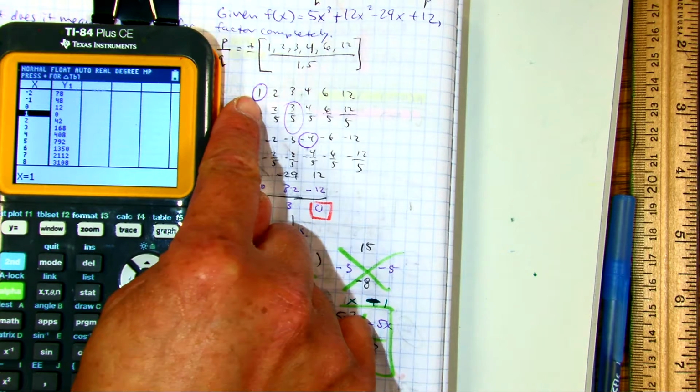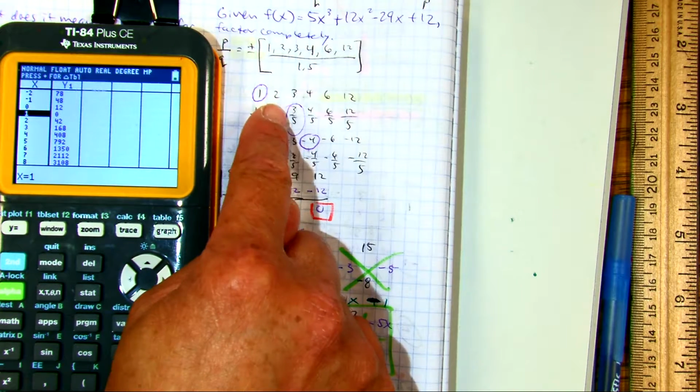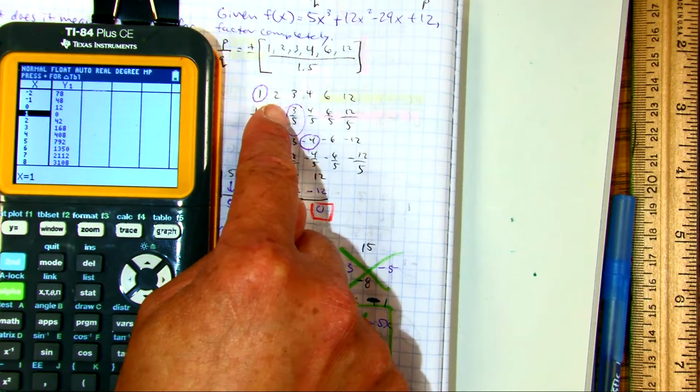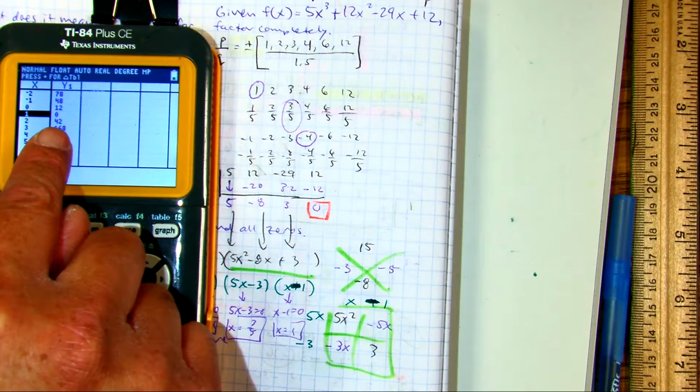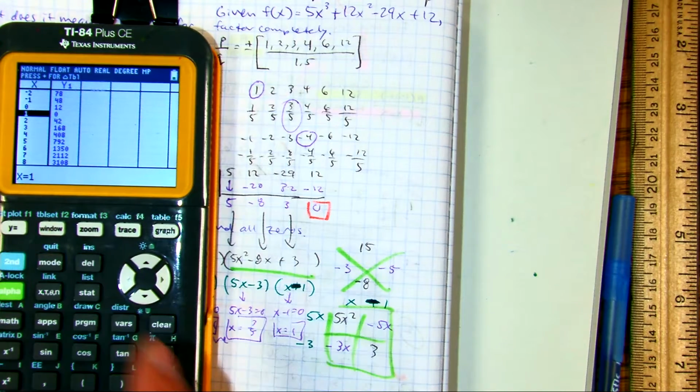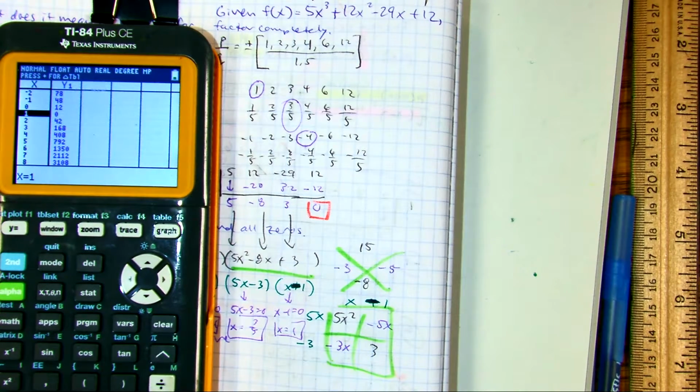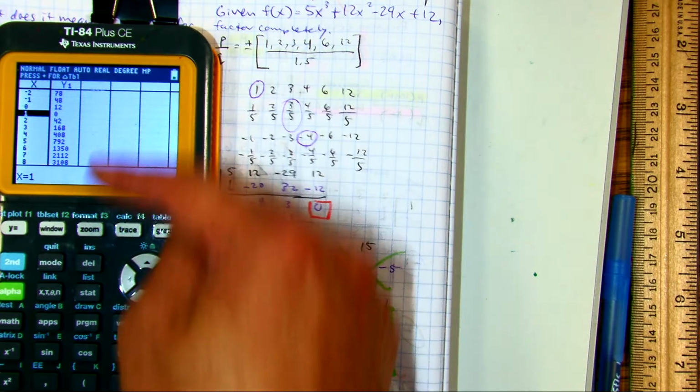Raise your hand if you tested 2. Is the answer remainder 42? Yeah. Oh, you mean the table of values using the remainder theorem tells me all the answers.